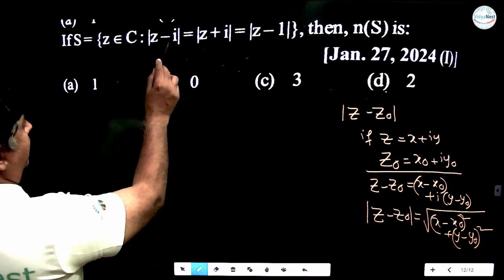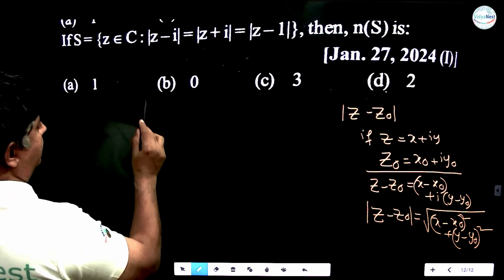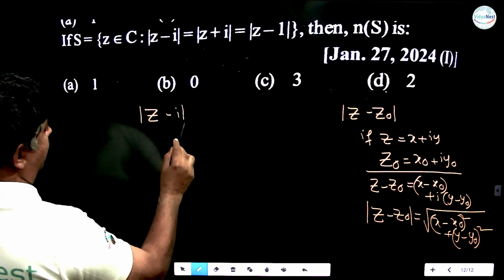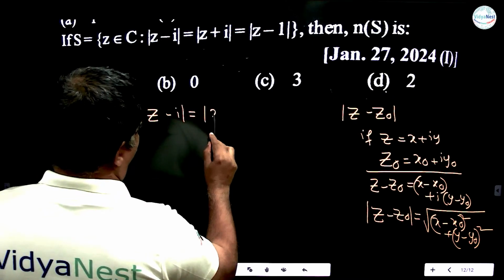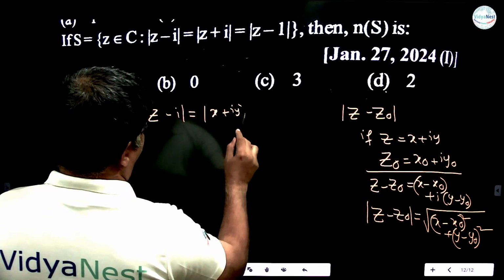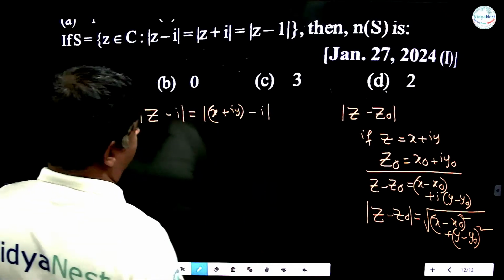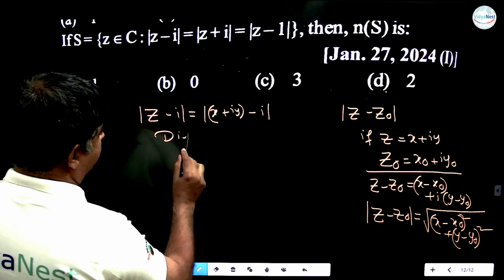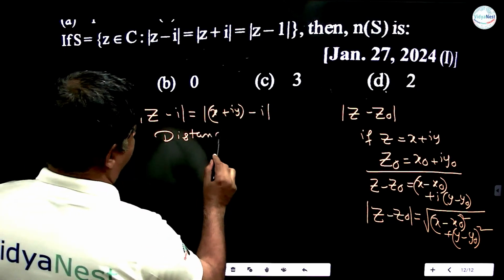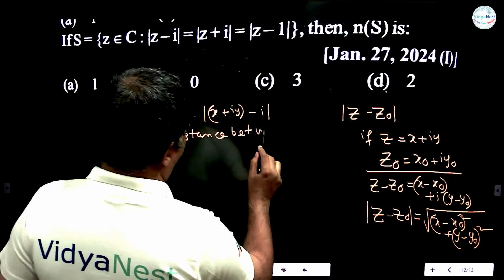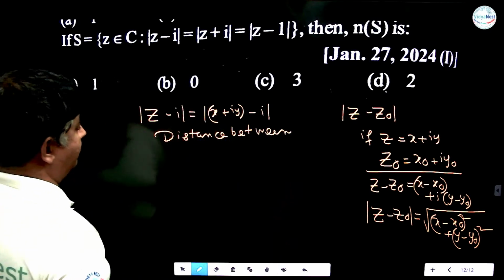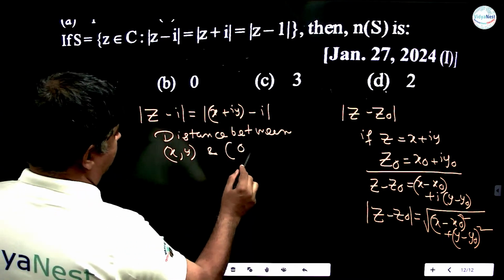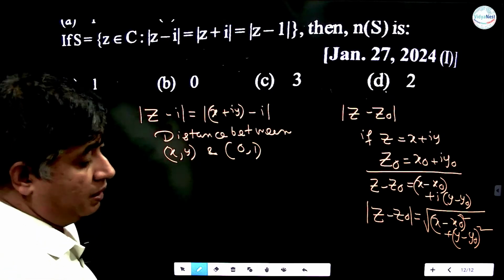Mod z minus i means x plus iy minus i. So it is the distance between (x, y) and (0, 1).